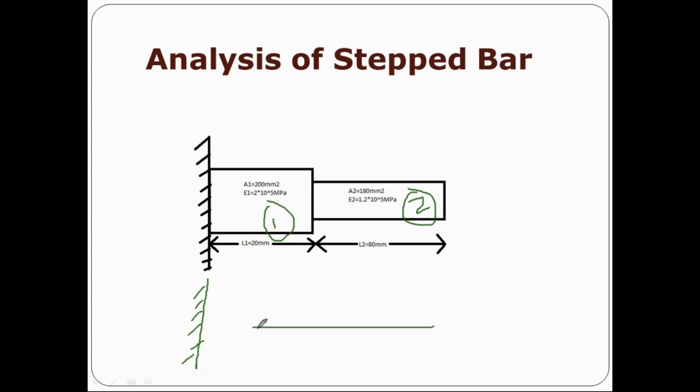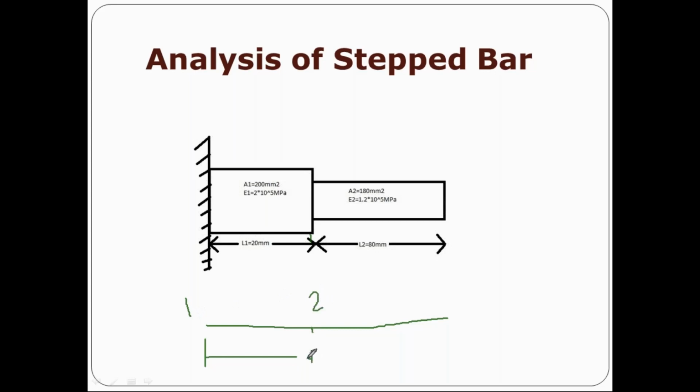Suppose here you take this number 1, and the second step you call number 2. I will draw it here. You can draw a line like this one. The length of this line from first point to second point is known to you: 20 mm.